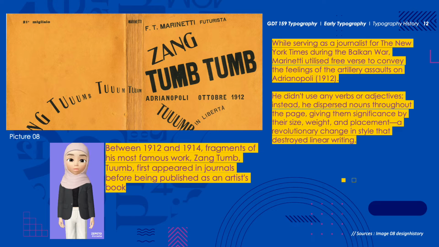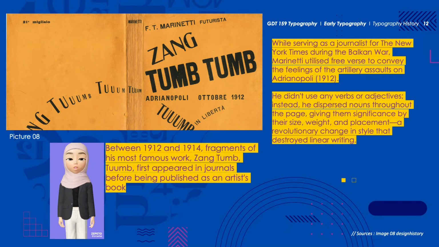Between 1912 and 1914, fragments of his most famous artwork, Zang Tumb Tumb, first appeared in journals before being published as an artist book. While serving as a journalist during the Balkan War, Marinetti utilized free verse to convey the feeling of the artillery assault on Adrianople, 1912.